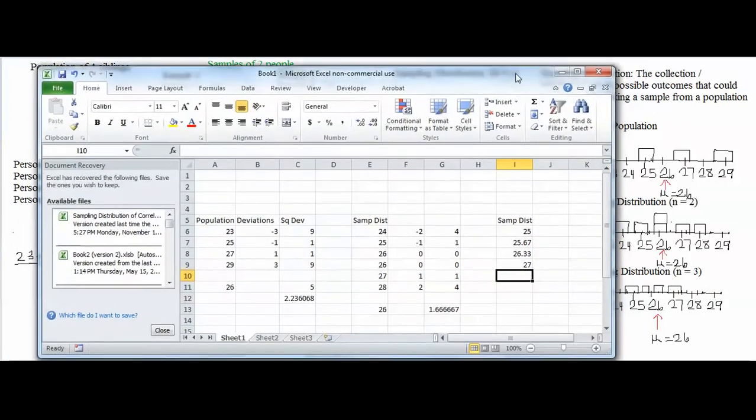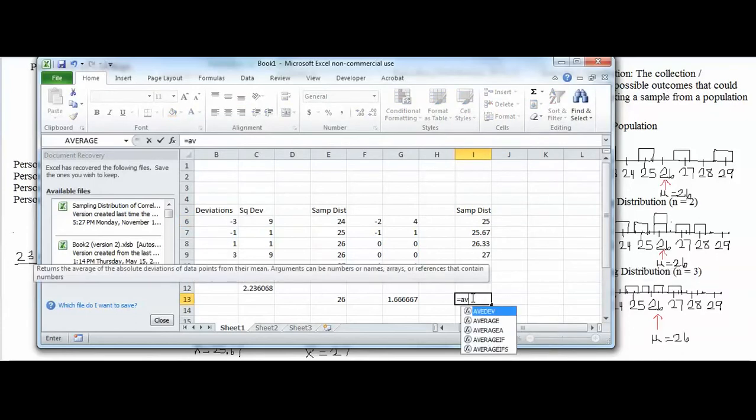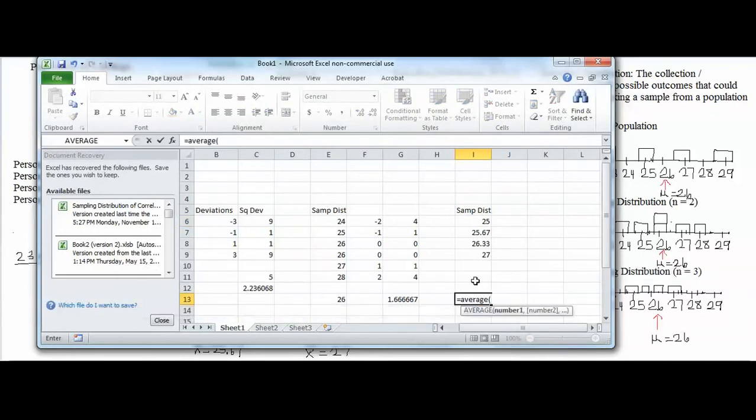We're just going to do all of those same steps over again. I'm just getting the average of these samples. Now I subtract all of these by this mean of 26. So we found the mean of the 4 numbers, and now we're just subtracting each of those numbers by the mean.